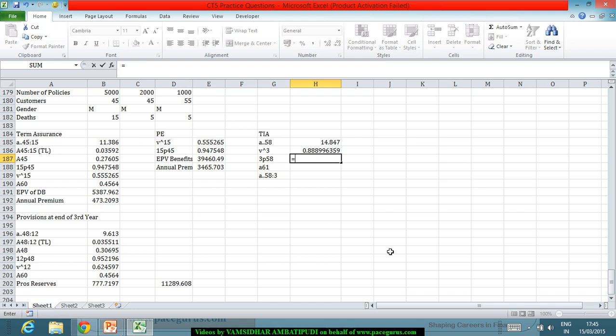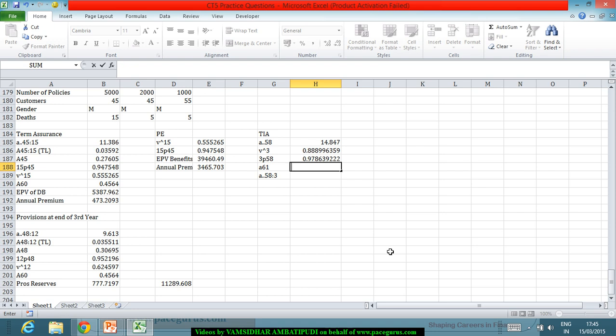L61 is 9212.7143 divided by L58, 9413.8004. So this is 3P58.